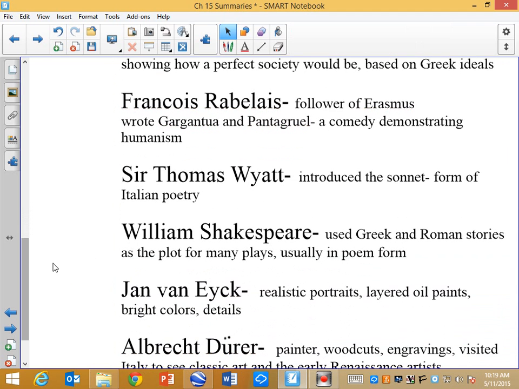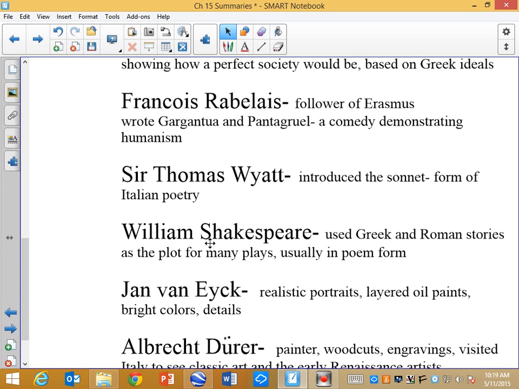And when Wyatt started writing in sonnets, this other guy, William Shakespeare, you may have heard of, he did a whole lot of sonnets as well. But Shakespeare is most well known for his plays.